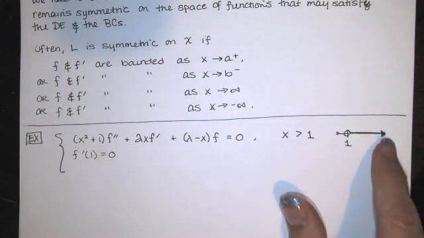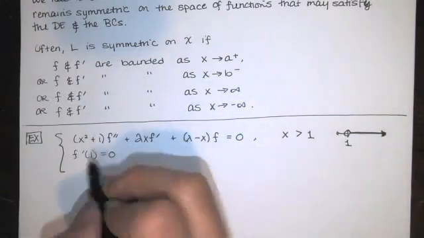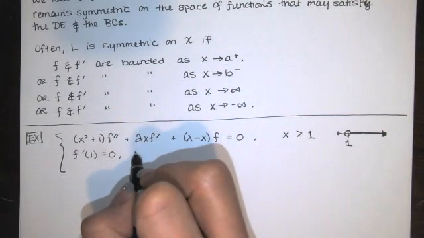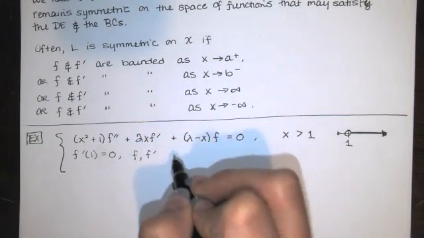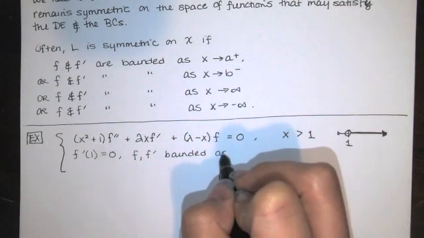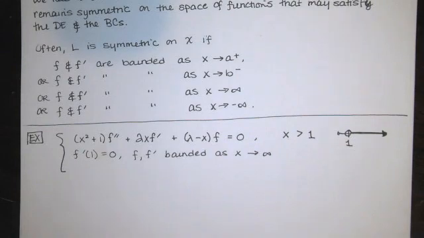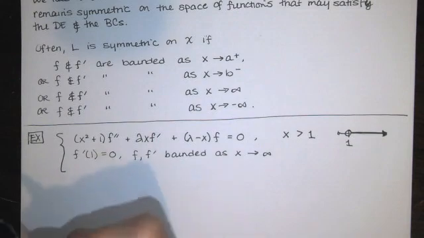And then they can't really tell us a function value on the right, but we could require this to be true, and that is the second boundary condition. We want f and f prime to be bounded as x goes to infinity.